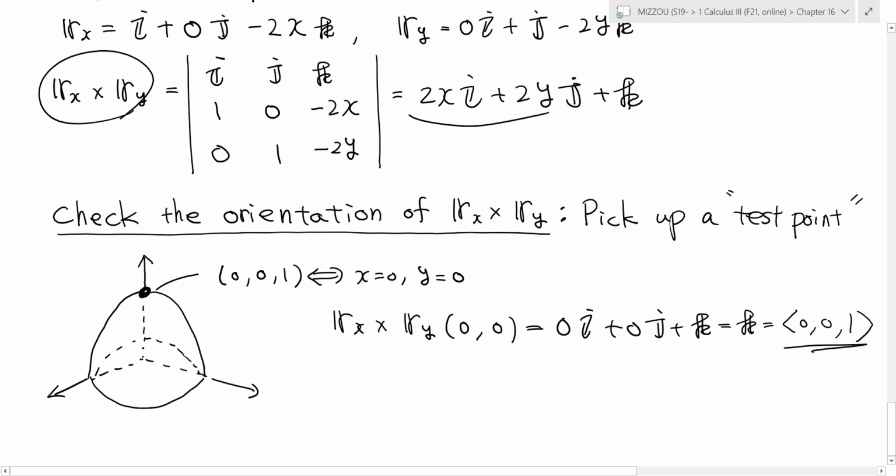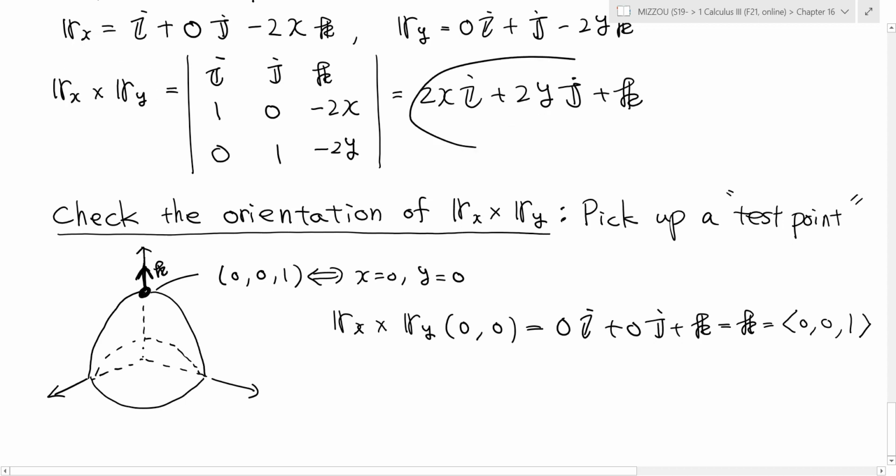And that's a vector pointing upward with no x component, y component. So vector k is this vector. Okay, this is our vector k. So that means those vectors given by this vector, when x, y go through this region, are vectors pointing outside or outward orientation.